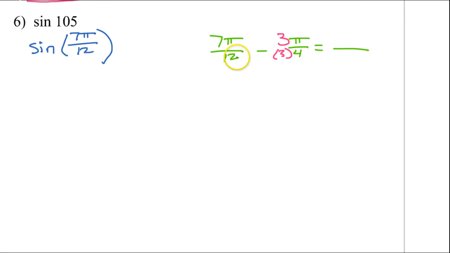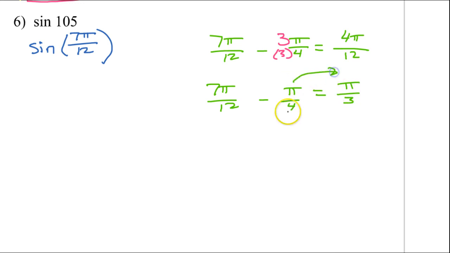So 7 pi over 12 minus 3 pi over 12 is 4 pi over 12, which reduces to pi over 3. That means 7 pi over 12 minus pi over 4 is equal to pi over 3. Adding pi over 4 to both sides, that tells me that 7 pi over 12 is equal to pi over 4 plus pi over 3.